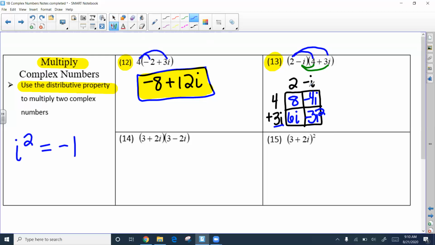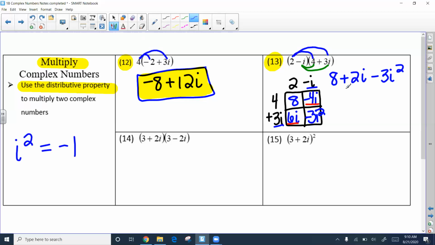Okay, so when I multiply this, i times i, I'd have negative 3i squared. Just like when we multiply polynomials, we can usually combine the diagonal. I have a negative 4i and a 6i. So I'm going to combine those. Here's what I have. I have the 8. I have negative 4i and 6i, which is plus 2i. And then I have negative 3i squared.